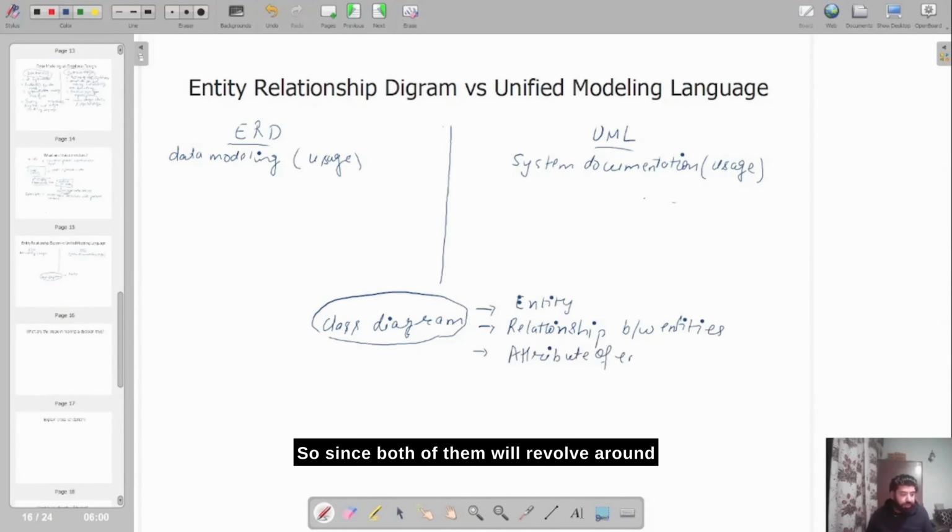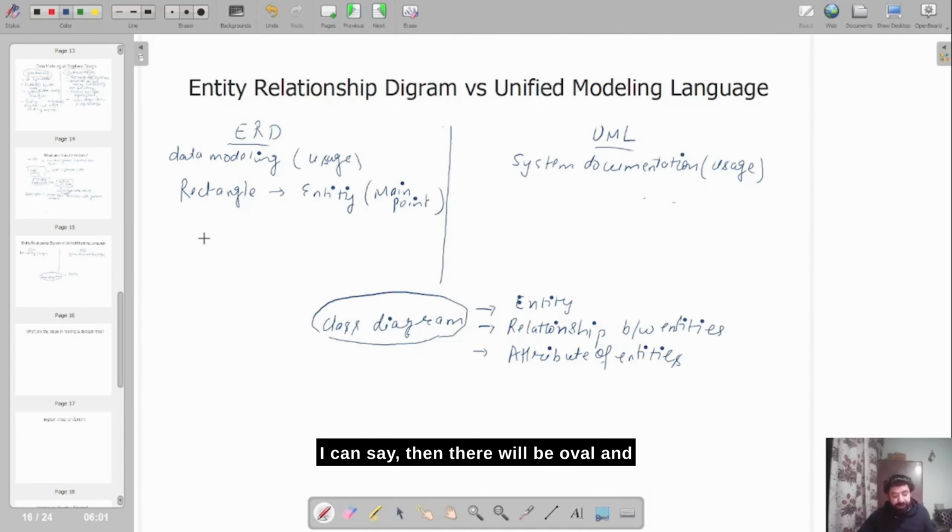So since both of them revolve around entities, let's understand how this will look. This will have rectangles, and those rectangles are basically the entities, and those rectangles are the main points. Those are the pillars of the diagram, I can say.